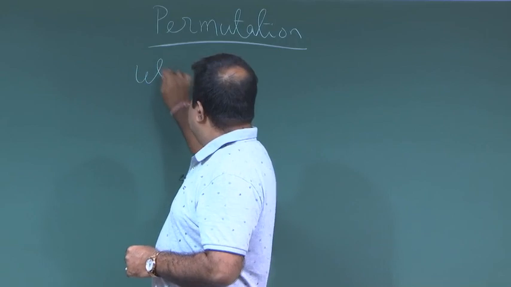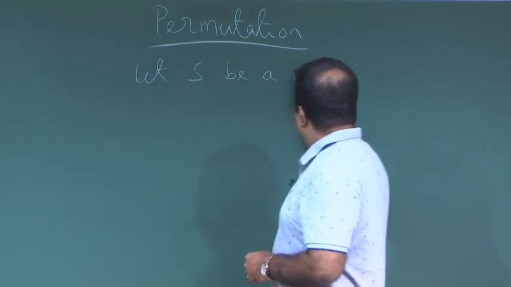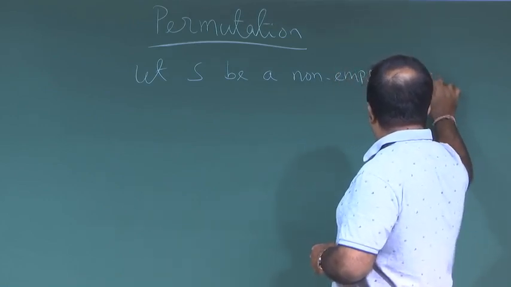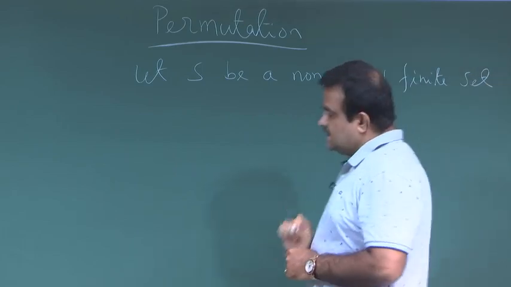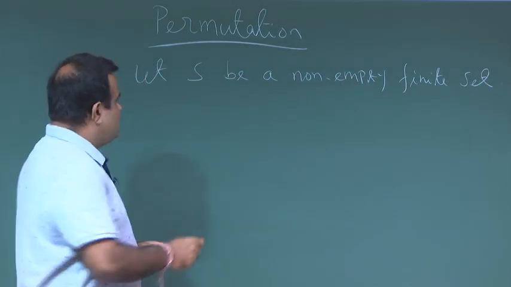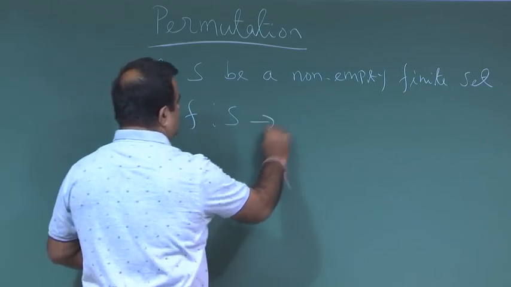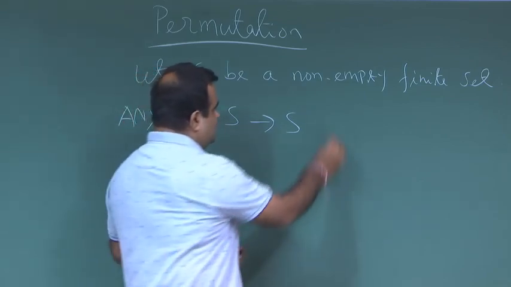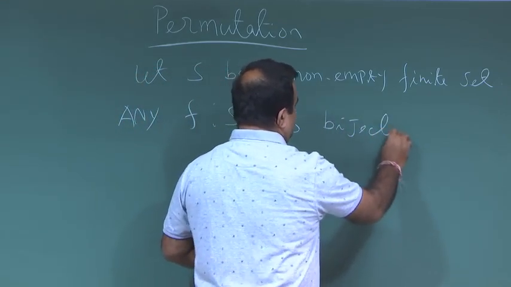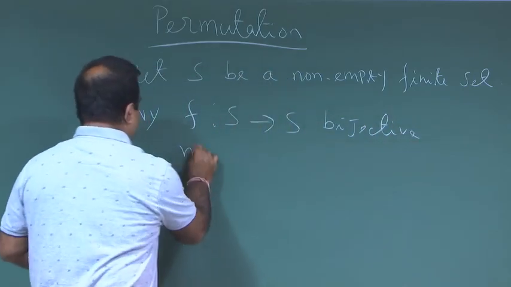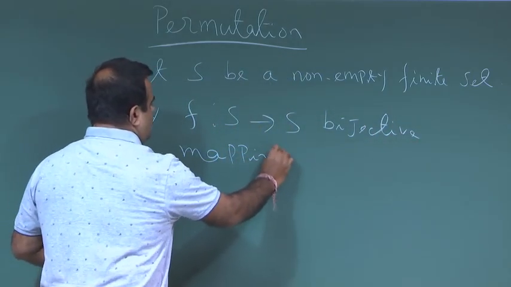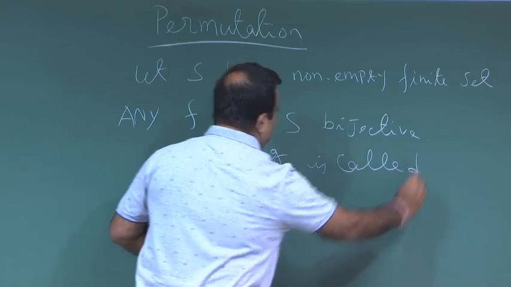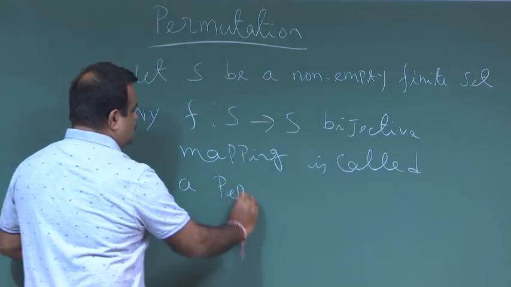So let S be a non-empty finite set of elements. Then any bijective mapping or function from S to S is called a permutation.